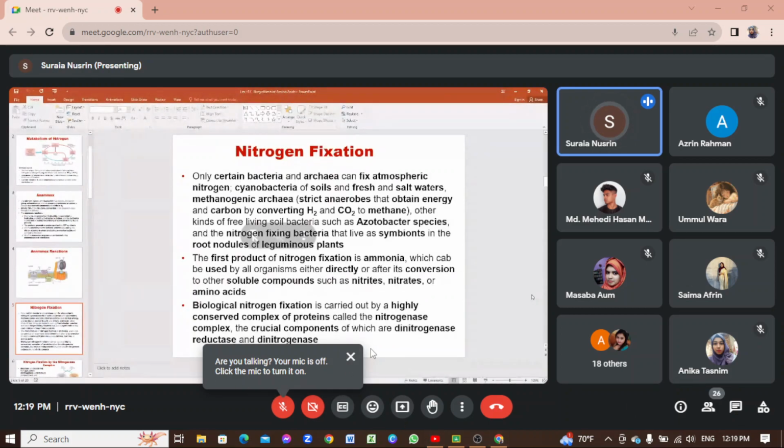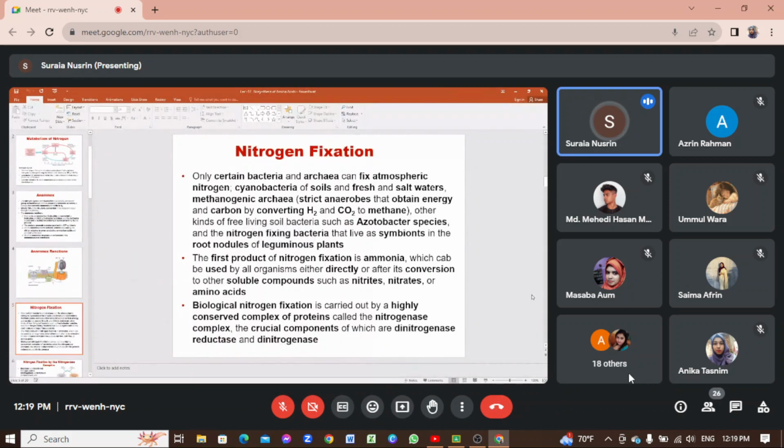Now this fixation, like the carbon dioxide fixation we learned during the biosynthesis of carbohydrate, is done by these organisms fixing the atmospheric nitrogen, and this fixation is done by a protein complex called the nitrogenase complex. The nitrogenase complex is a protein complex and it is fixing the atmospheric nitrogen.